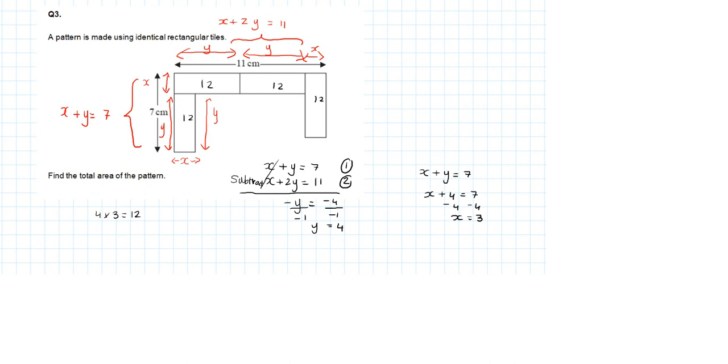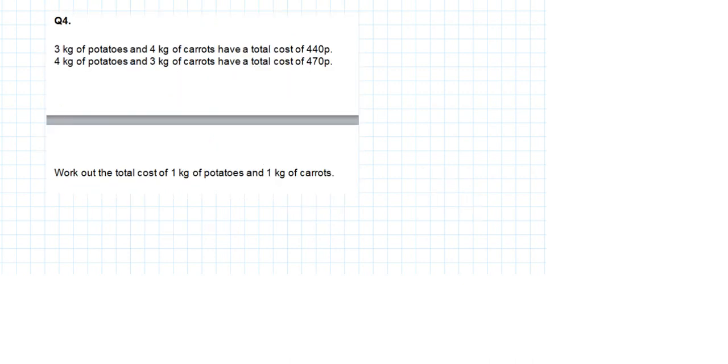So 4 times 12 is 48 square units. Okay, that's question 3 done. I think there's one more after this.